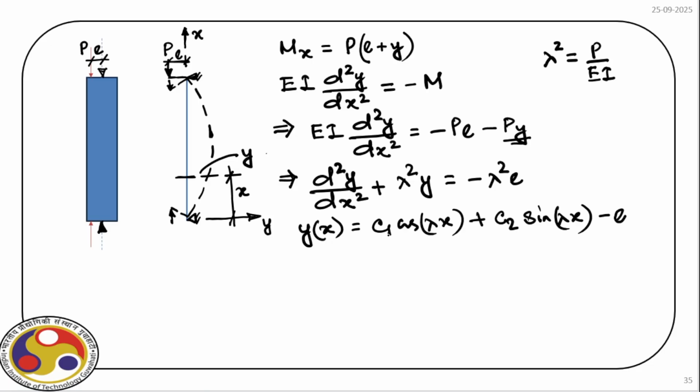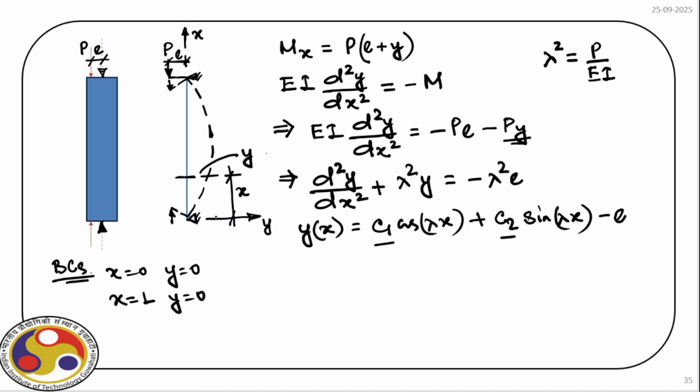So what we have to solve? The constants C1 and C2, and that we get from the boundary conditions, right? So we have boundary conditions which are at x equal to 0, y is also equal to 0, and at x equal to L, y is 0.